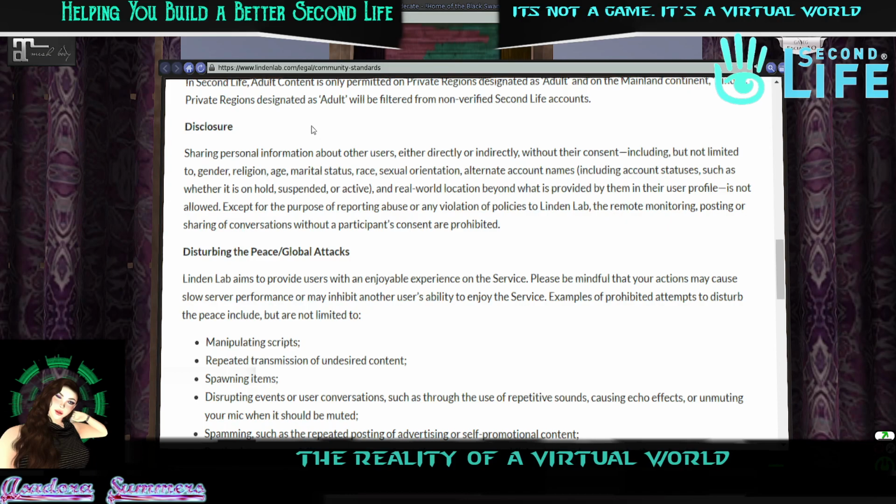So anything that isn't in a person's profile, which is public, if you take what you know about that person and you share it, that is prohibited because it's not with the participant's consent. But it doesn't have any boundaries to where the sharing of information you do.